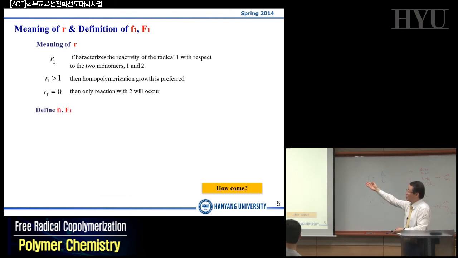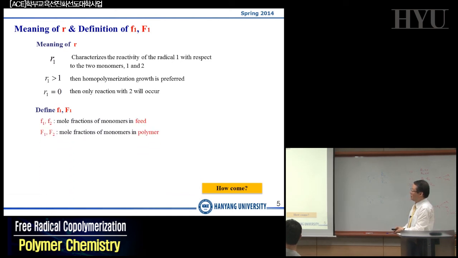We can come up with this summary in the next slides, but let's define small f1 and large F1. Small f1 again is the mole fraction of the monomer in the initial feed, and large F1 or large F2 is the mole fraction of the monomers in your copolymer systems.